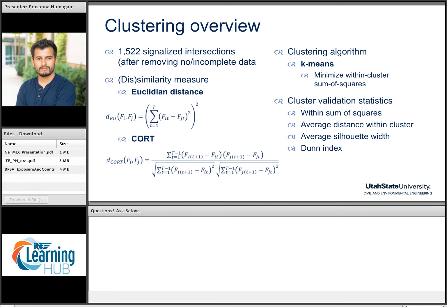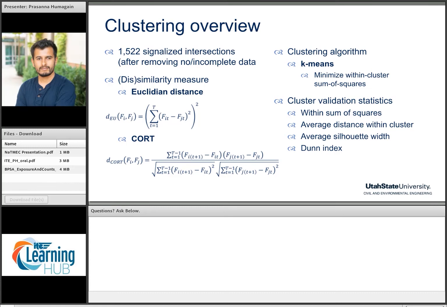Shape-based dissimilarity measures such as Euclidean distance allowed us to compare magnitude of pedestrian activity across those intersections, whereas structure-based dissimilarity measures such as CORT or dynamic wavelet transform help us to compare time series based on their patterns or simultaneity of patterns. Similarly, we used K-means algorithm, which works on minimizing the within cluster sum of squares.